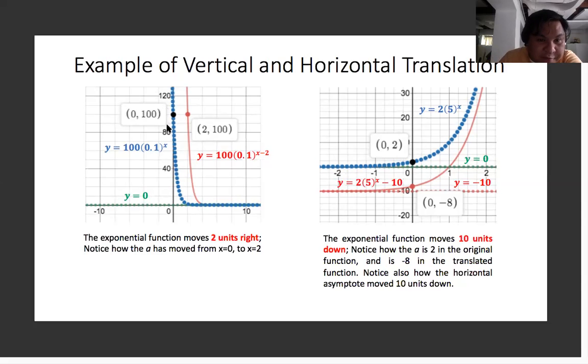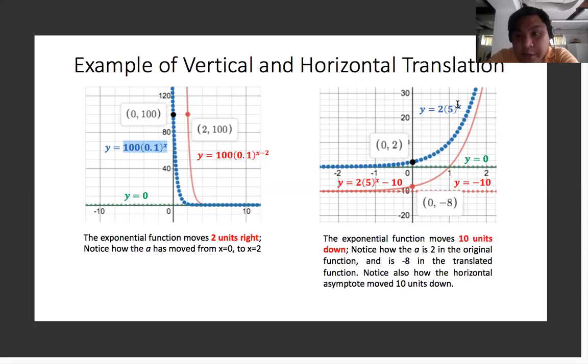The blue graph on the left has the exponential decay function of y equals 100 times 0.1 raised to the x. The blue graph on the right has an exponential growth function of y equals 2 times 5 raised to the x.